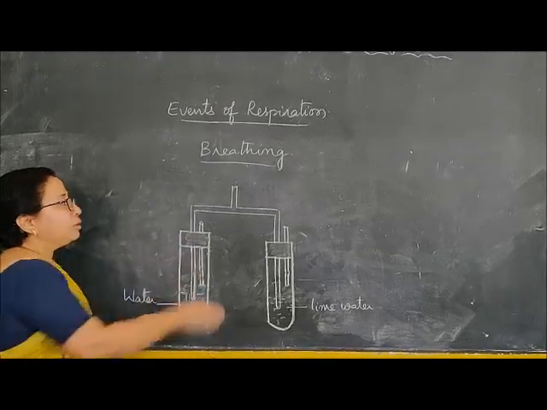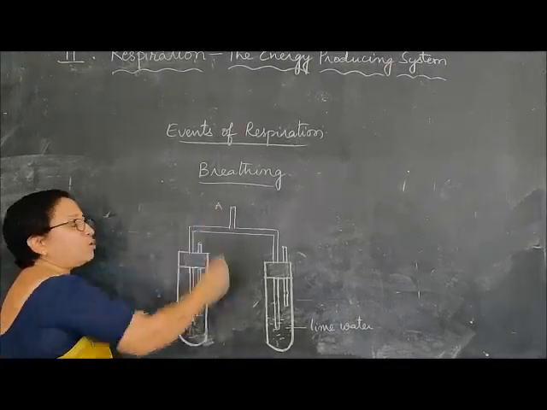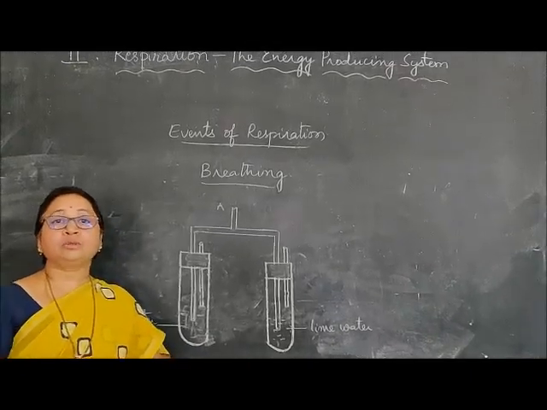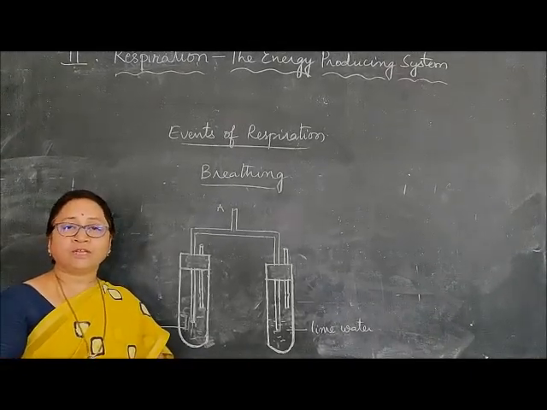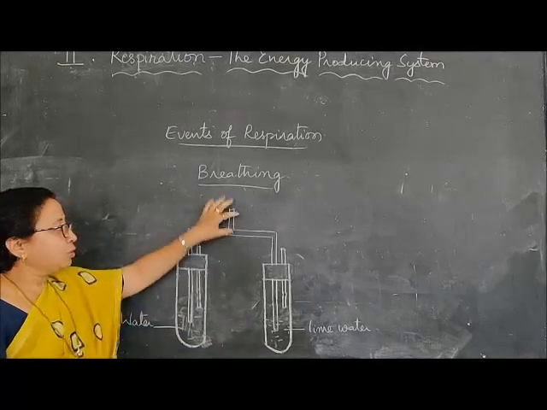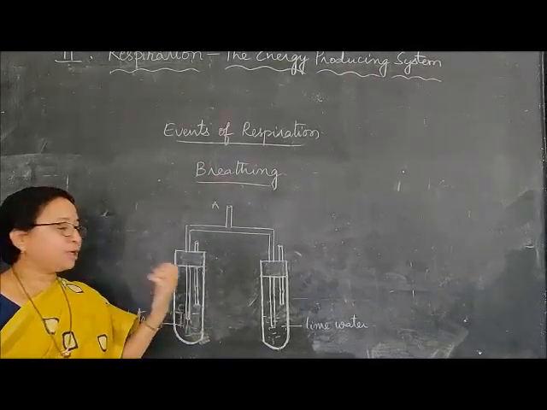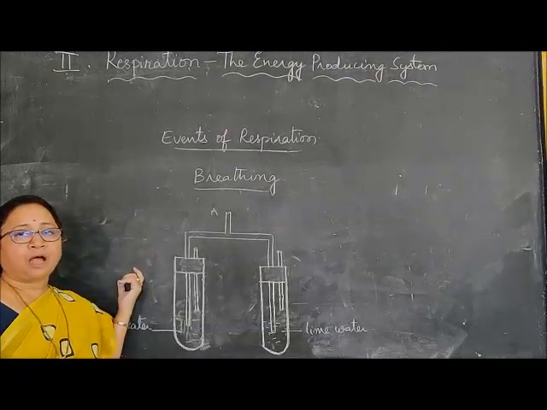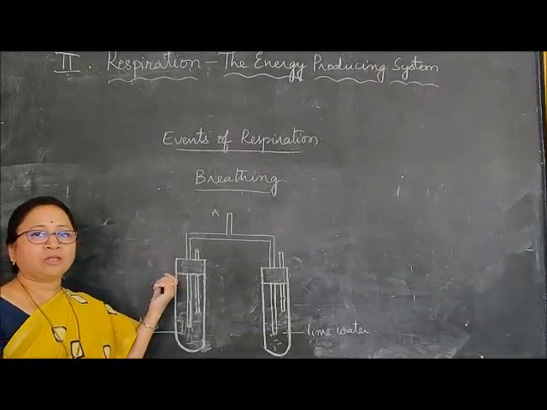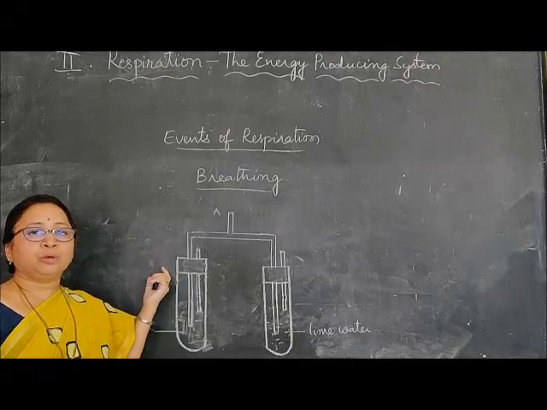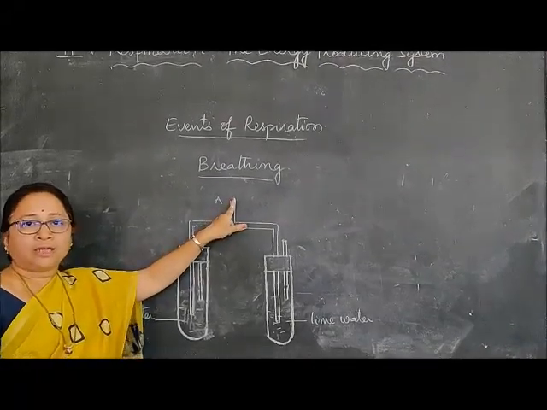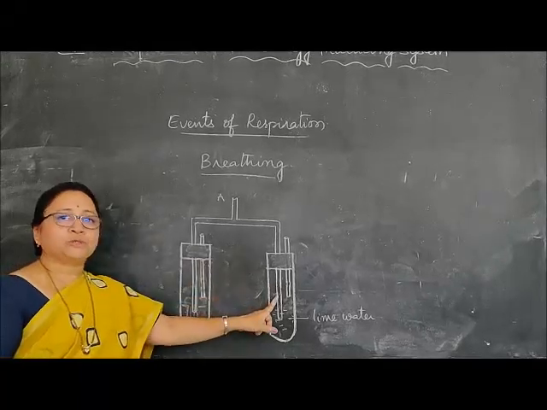Now keep the outlet tube in your mouth and inhale the air through your nose very deeply. As you inhale, the air pressure in both the tubes is regulated. After inhalation, follow with exhalation. Blow the exhaled air through the outlet tube into both tubes.